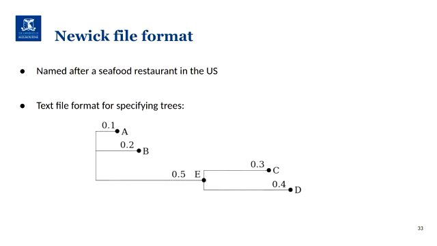For instance, if you consider this tree here with 5 elements, we have 4 external leaves and a few internal elements, and we're going to basically describe them as nested parentheses with the distances and the leaf names. This is the Newick file format that we're going to use in different algorithms.